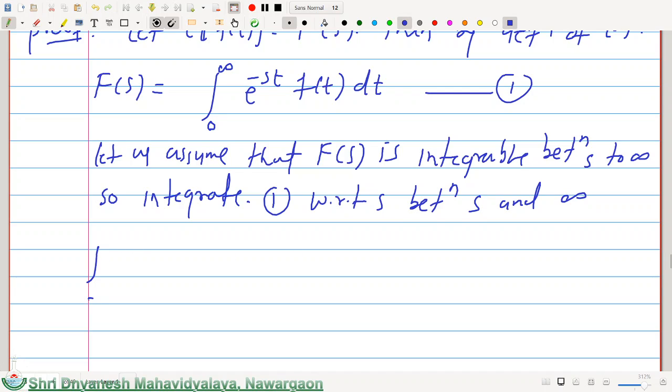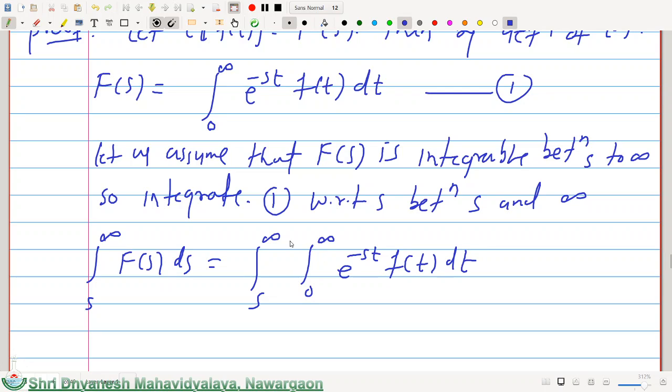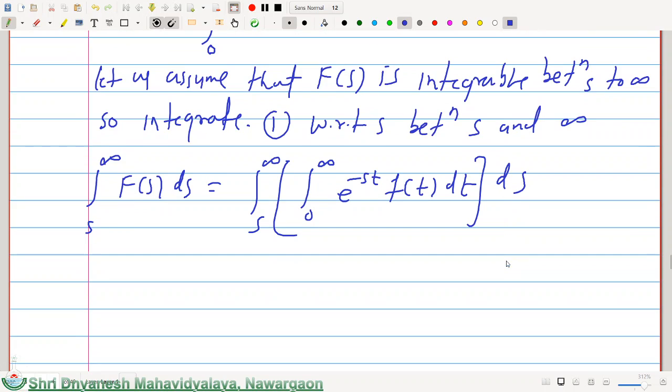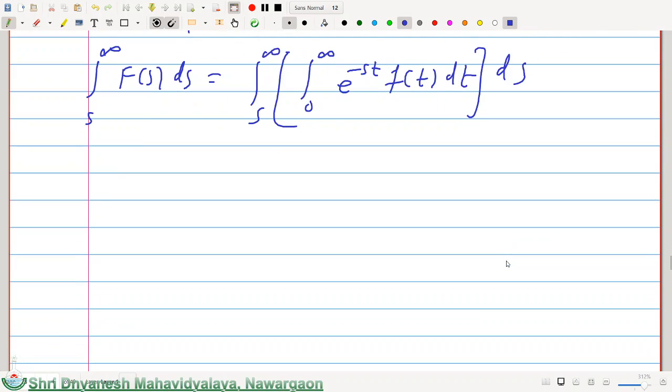We get integration s to infinity F of s ds equals integration s to infinity, integration 0 to infinity e to the power minus st f of t dt ds. Now you have to solve this double integration, and you have already seen how double integrals are evaluated in the last semester.